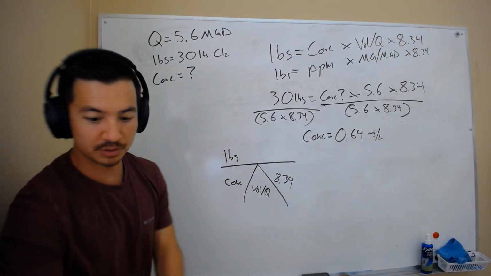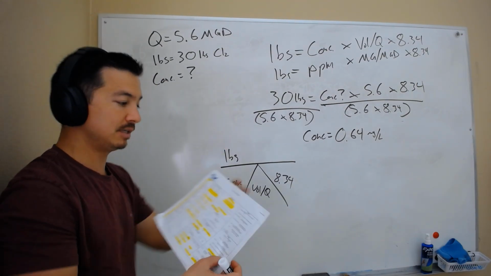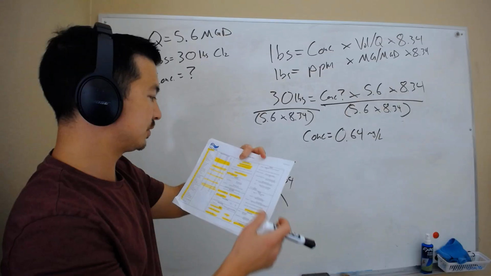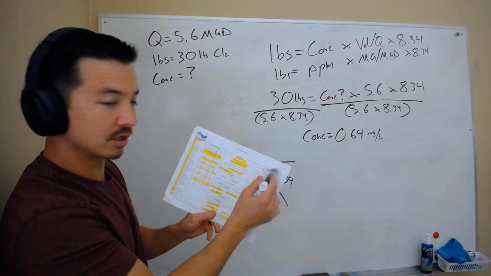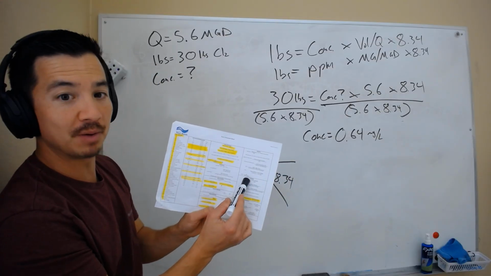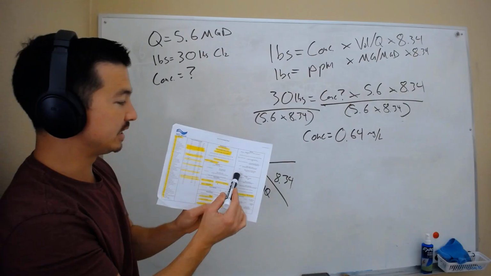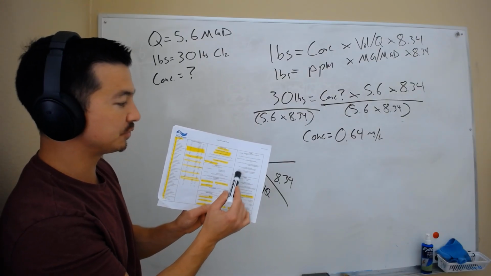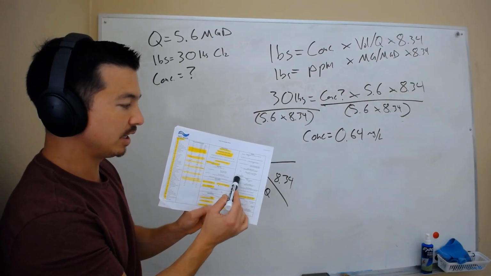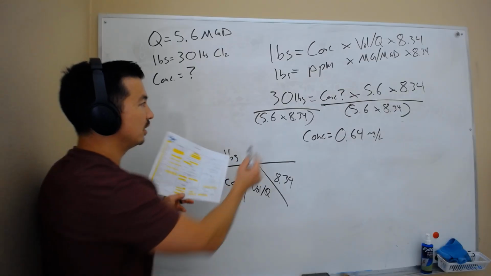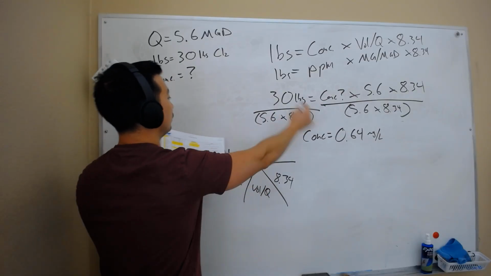Now, the new formula sheet also breaks this down nicely in the end column when it comes to solutions. At the very bottom over here in this corner, it tells you milligrams per liter is equal to pounds over MG divided by 8.34, which is essentially exactly what we have written here.